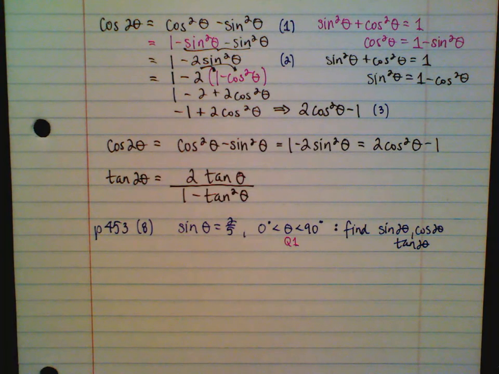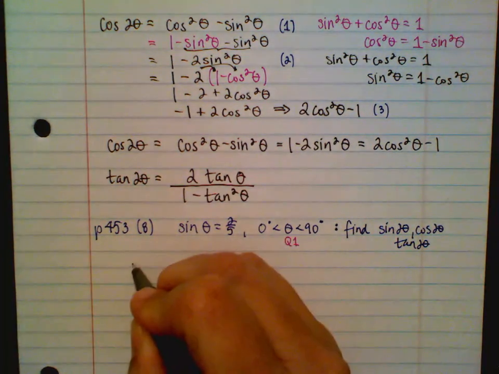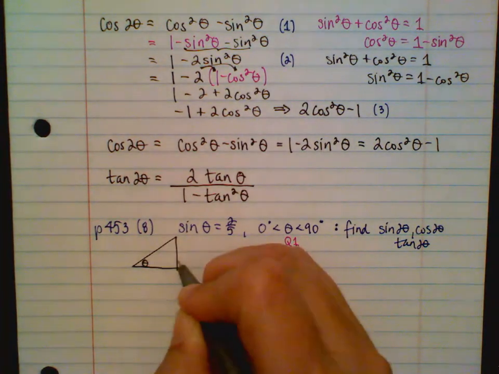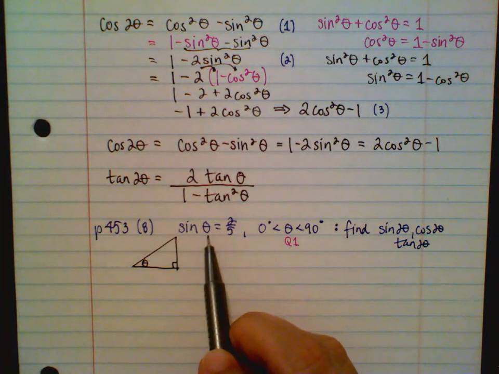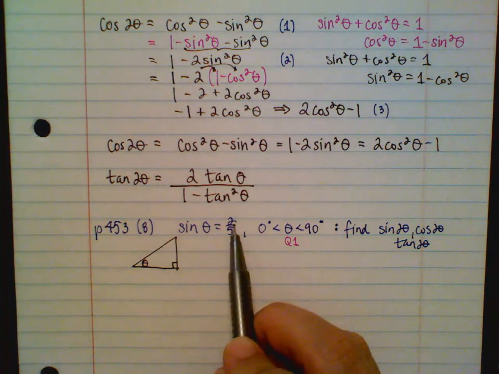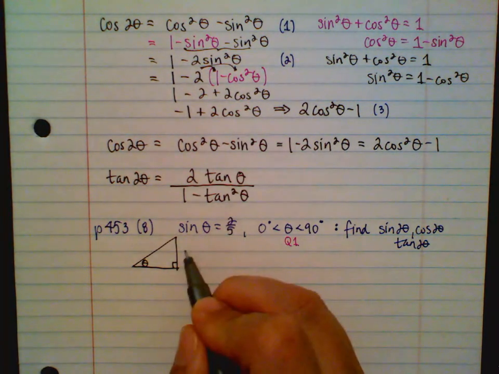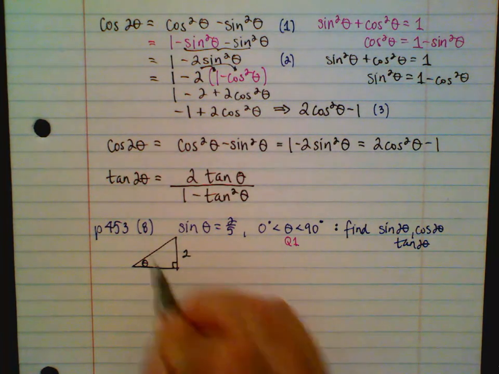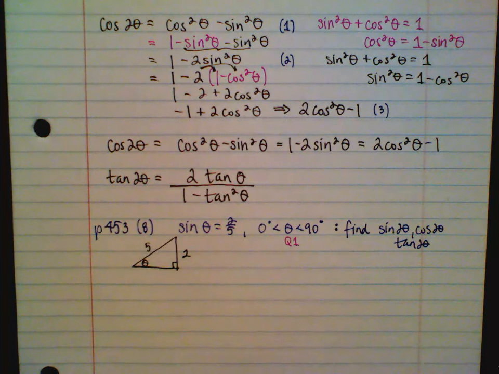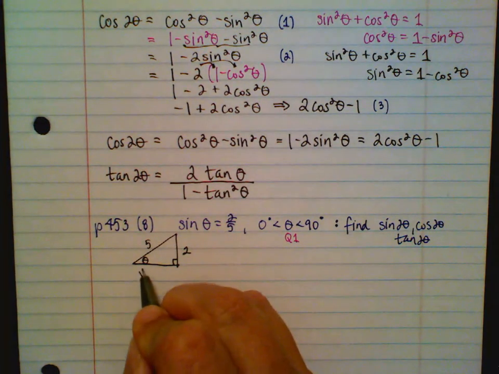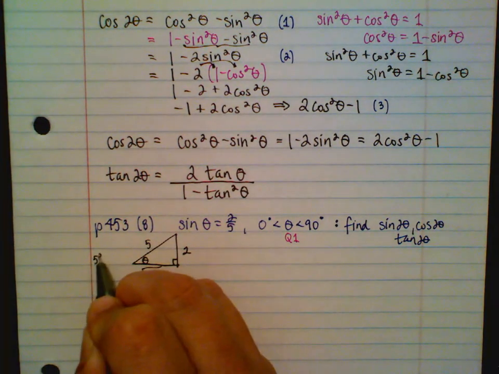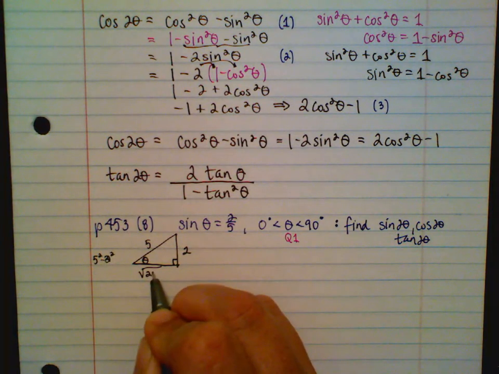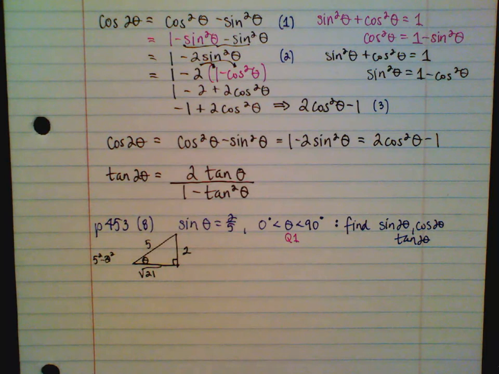Let me go ahead and draw my triangle. And I'm in the first quadrant, so that's how I'm going to draw my triangle. All right. So sine, remember, is defined as the opposite divided by the hypotenuse. So my opposite length is 2. My hypotenuse is 5. So according to the Pythagorean theorem, this is 5 squared minus 2 squared. So this would be the square root of 21.